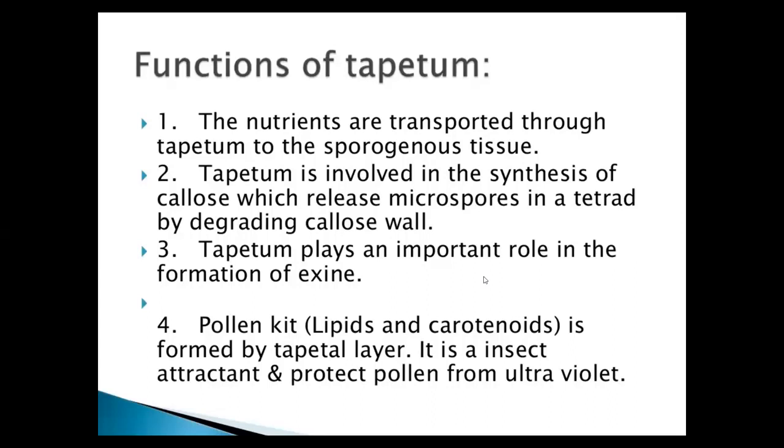It releases the microspores in the tetrad by degrading the callose wall, helps in the formation of the exine layer, forms an insect attractant, and protects the pollen from ultraviolet rays.